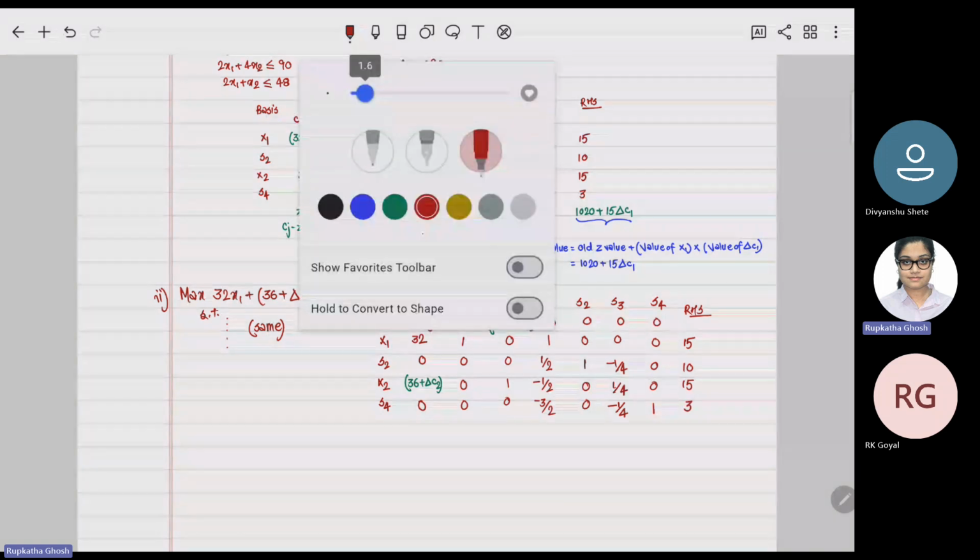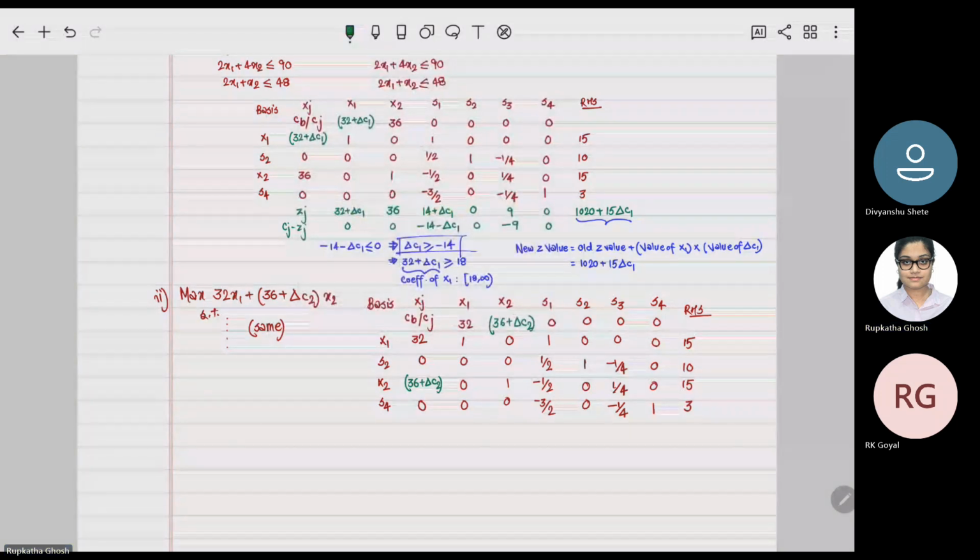Now, if you compute Zj, what will you get? 32. Then here you will get 36 plus delta C2. Then here you will get 32.